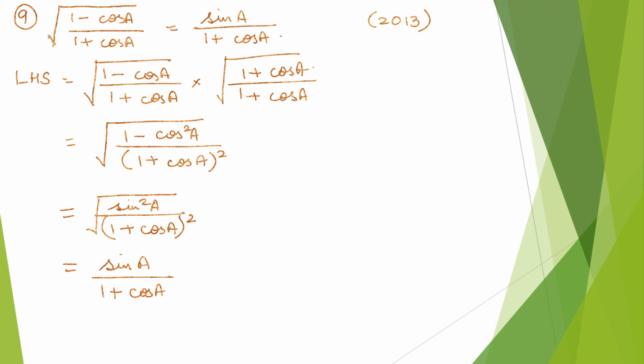So here you have got square root of 1 minus cos A upon 1 plus cos A is equal to sin A upon 1 plus cos A. In the denominator, I have got 1 plus cos A. So I am multiplying and dividing by 1 plus cos A because 1 plus cos A into 1 plus cos A will give me 1 plus cos A whole square, and when I take the square root, I will get only 1 plus cos A. Also, in the numerator, 1 minus cos A into 1 plus cos A will give me 1 minus cos square A, which will give me sin square A, and when I take the square root, I will get only sin A. That is what I have on the right hand side.